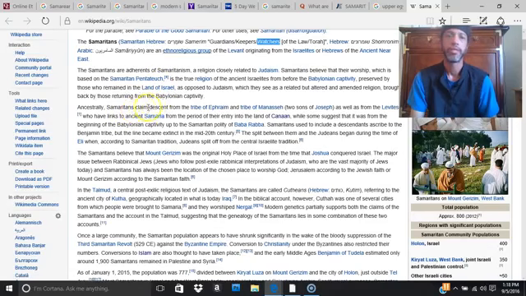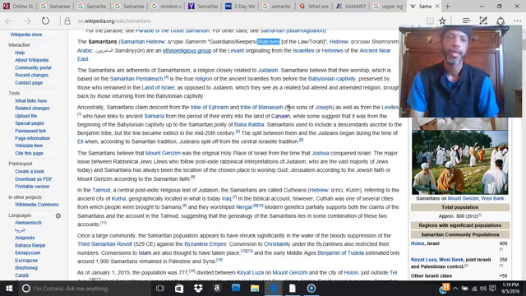It says Samaritans claim descent from the tribe of Ephraim. Now, wouldn't it make sense if this paragraph is up one? And the tribe of Manasseh, two of Joseph's sons, as well as from Levites who have links to ancient Samaria from the period of their entry into the land of Canaan. Some suggest that it was from the beginning of the Babylonian captivity up to the Sumerian polity.